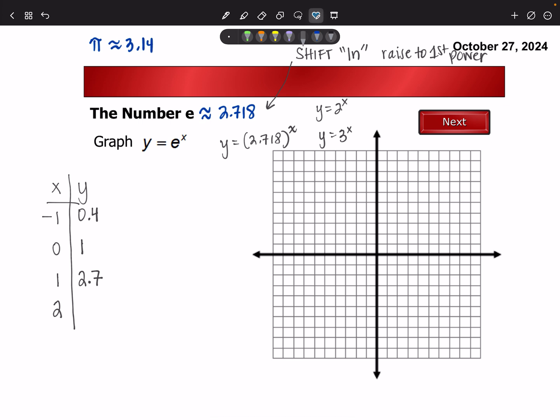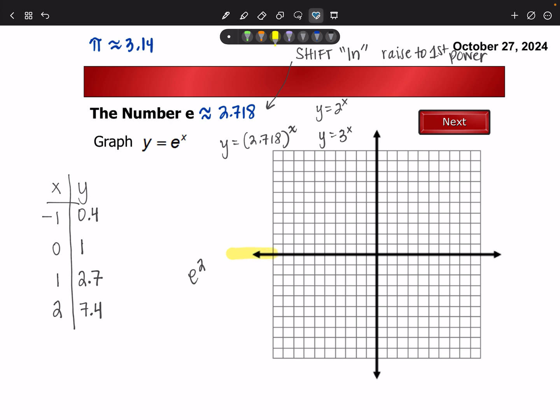And when we put a 2 in, I'm going to calculate e squared. So use your calculator. Now that I've shown you twice how to enter that into your calculator, now compute e squared. And you should get 7.4-ish.